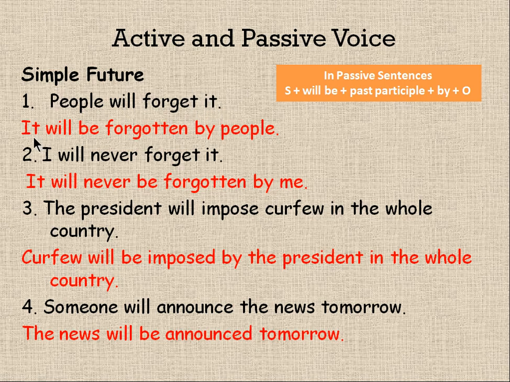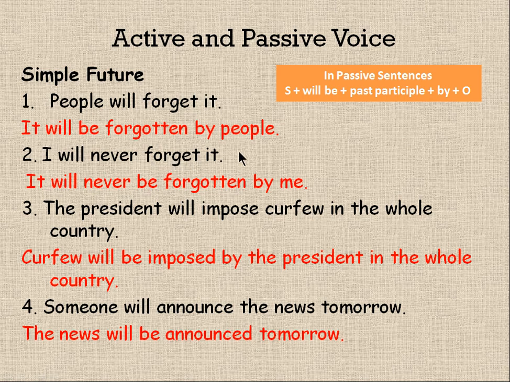It will go to the subject place and it will take the same will which was given here in the active sentence, followed by be form of the verb. So it will be forgotten by people, the past participle. So this is the structure. It means we'll have subject, will be, plus past participle, plus by, and an object.